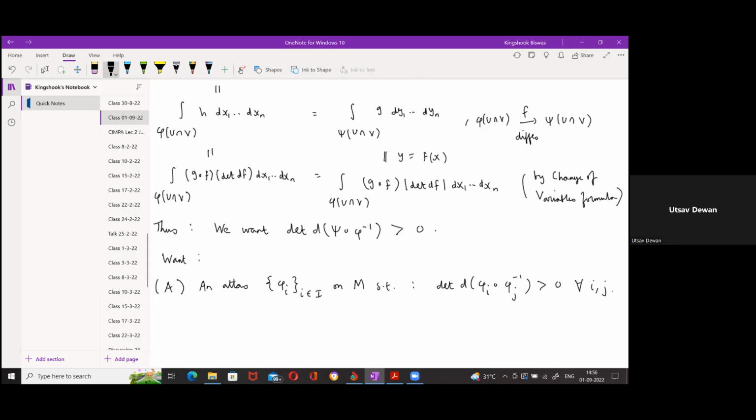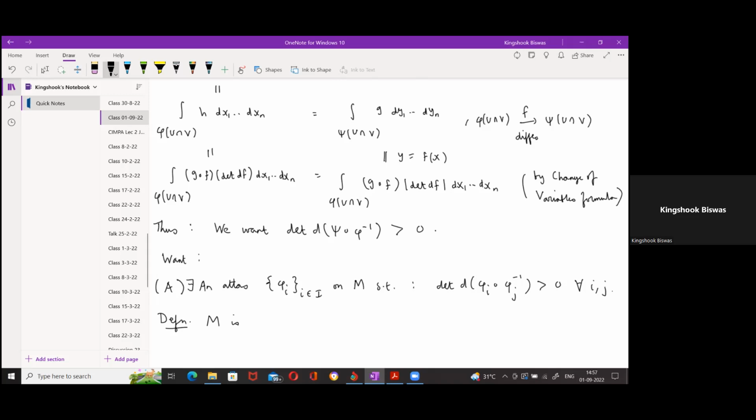Yes, sir. So this condition A may not always hold, but this is an extra hypothesis that we are putting on our manifold. Okay, so we will say, well, this is one definition. M, so there exists such an atlas.